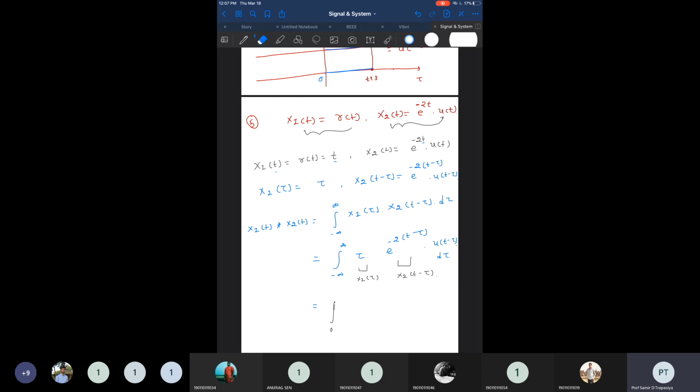Sorry, I used the blue color pen to keep the continuity. So 0 to t, and that is tau e raised to minus 2t. If I expand this equation, minus 2 multiplied by t gives two separate terms, plus 2 tau, and u of t minus tau would be 1 in this region, so it is replaced with 1. That is the final equation.